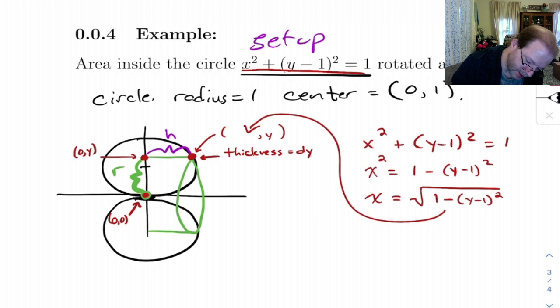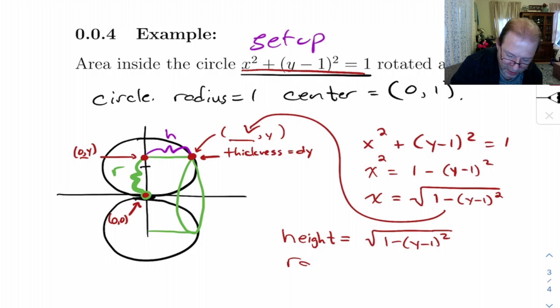So our height is going to be that minus 0. Our radius is going to be, that's the length here, and so that's y minus 0.